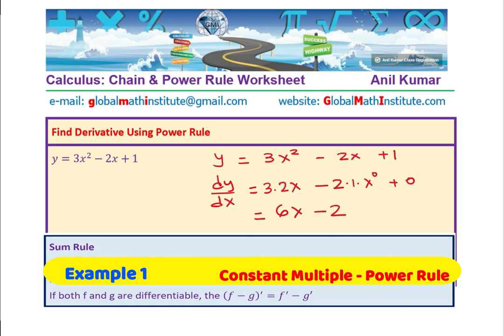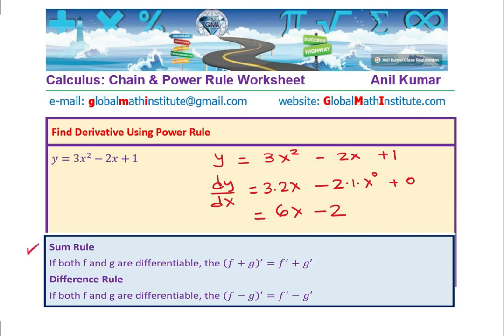So we have applied the derivative rule. In addition, you will see we have added and subtracted each individual derivative. So that also goes with the 2 other rules, which are the sum rule and the difference rule. The sum rule states that if both f and g are differentiable, then the derivative of the sum of f and g will be the sum of the derivatives of each.